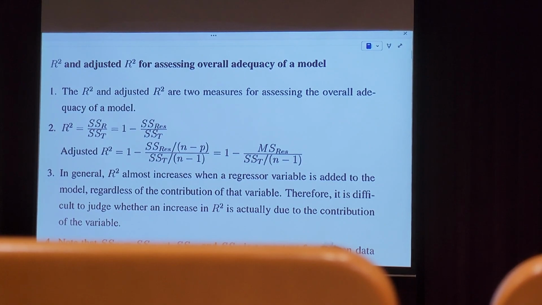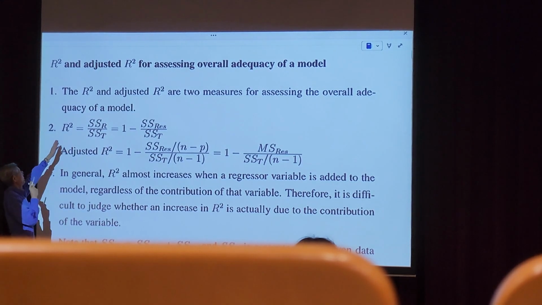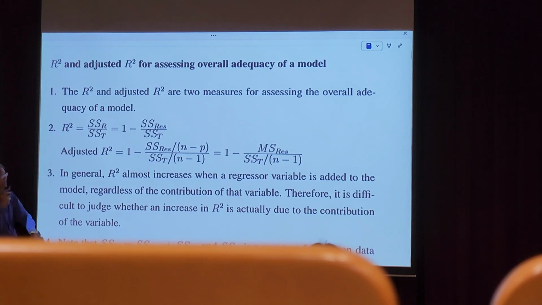I'm thinking, can I improve it further by adding age to the power of 3? One way is to include age to the power 3 and then calculate R squared and see whether it goes up or not. Well, you won't be disappointed. R squared will go up. The more you add, the higher R squared is.